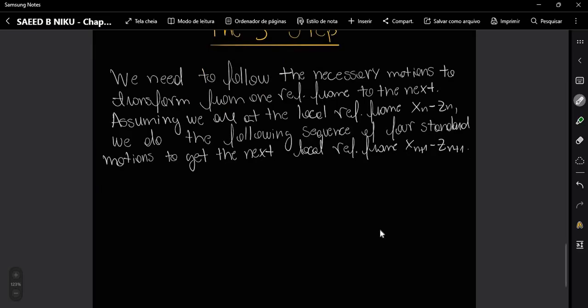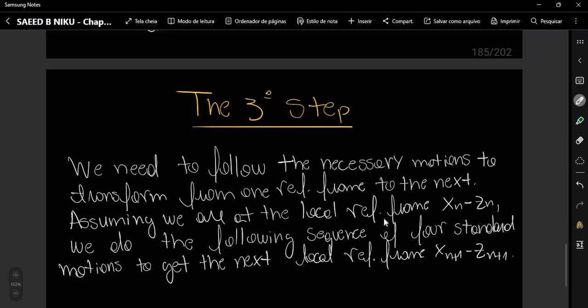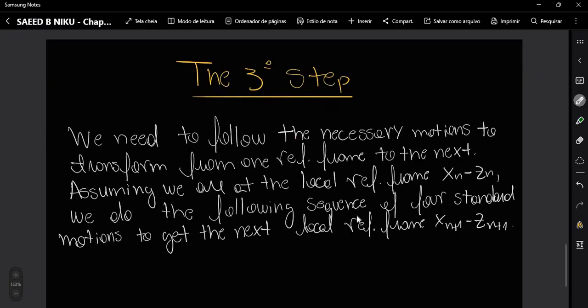So we saw two steps, which are very important to DH representation, and now this third one, which is the step that we can only take if we take the first two. So this one is very important.